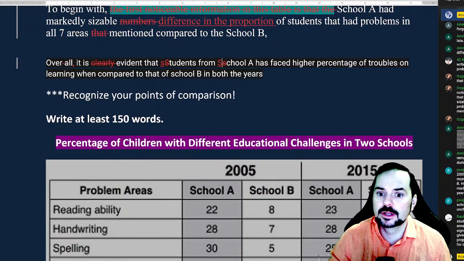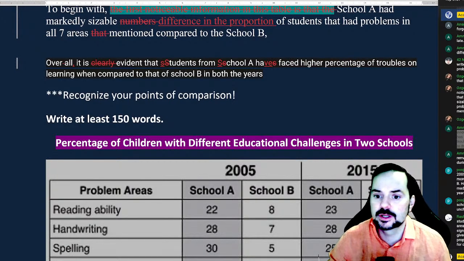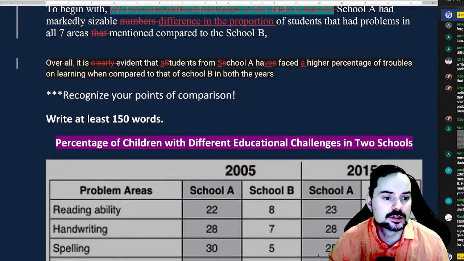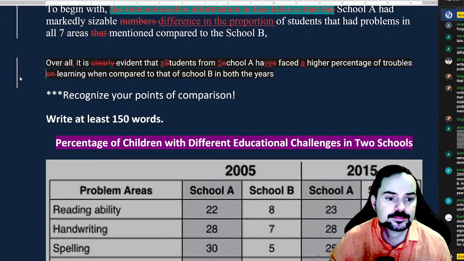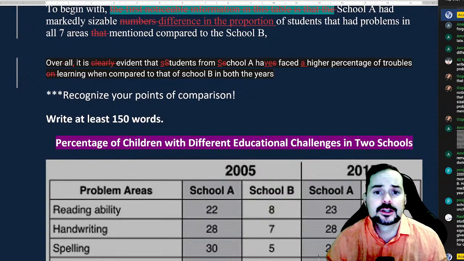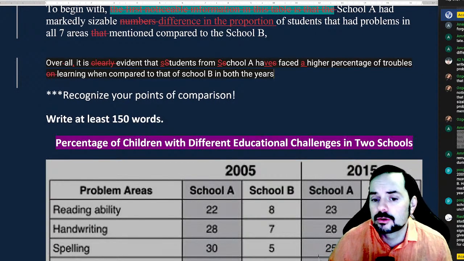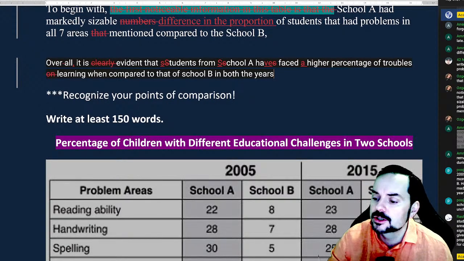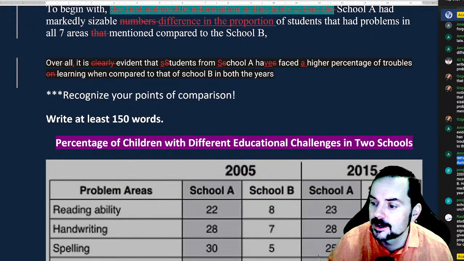Students from School A have, because it's plural, faced a higher percentage of troubles on learning when compared to that of school B in both years. Okay, slight grammatical problems. Those aren't huge problems, Amu, but you do have to correct them. So make sure to review for those, okay?